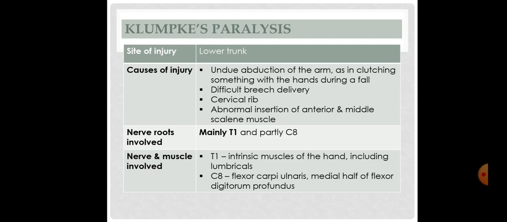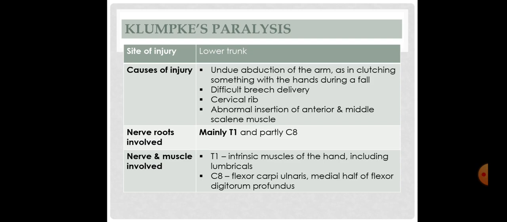So what is the action of flexor carpi ulnaris? It causes flexion of the wrist, fingers, along with it causes ulnar deviation of the wrist. So if the flexor carpi ulnaris is paralyzed, there will be obviously radial deviation of the wrist. And second is flexor digitorum profundus.